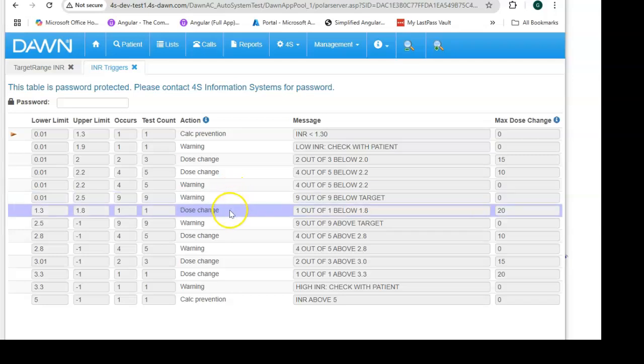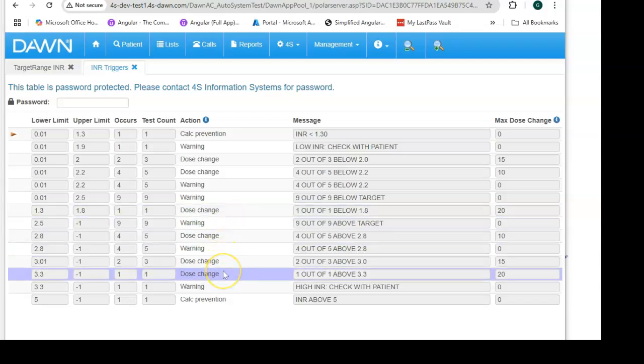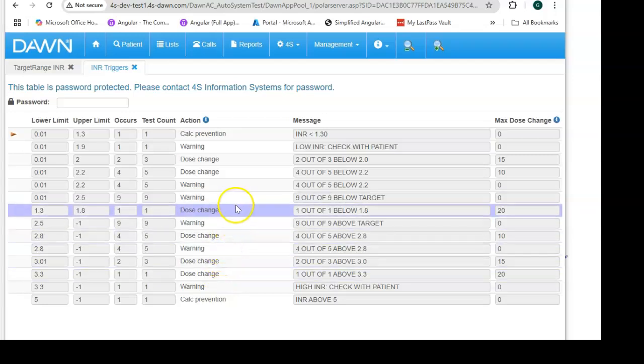But if we look here, we'll see there's another dose change trigger, and the equivalent one on the high side is here. So if the INR is above 3.3 just once, DAWN will recommend a dose change, and likewise if it's below 1.8 just once, it will also recommend a dose change.